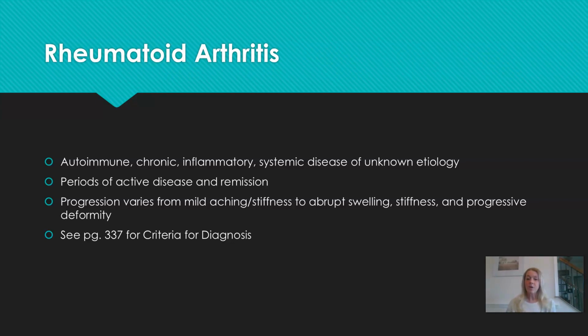Typically for rheumatoid arthritis, most patients need to have 4 of the 7 diagnostic criteria, some of which includes symptoms that are present for longer than 6 weeks, morning stiffness lasting longer than an hour, and then it goes on from there. So again, usually once a person exhibits at least 4 of those 7 characteristics, that is one of the tools that doctors can use to diagnose them with RA.